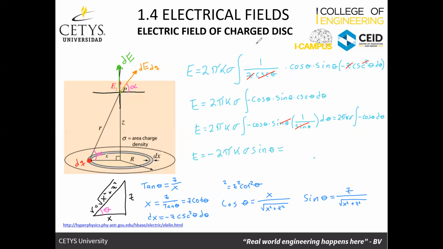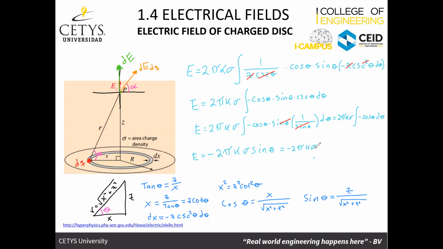And if we go back to our trigonometric functions, then this is going to be equal to minus, I erased it again. It's going to be equal to minus 2 pi k sigma.